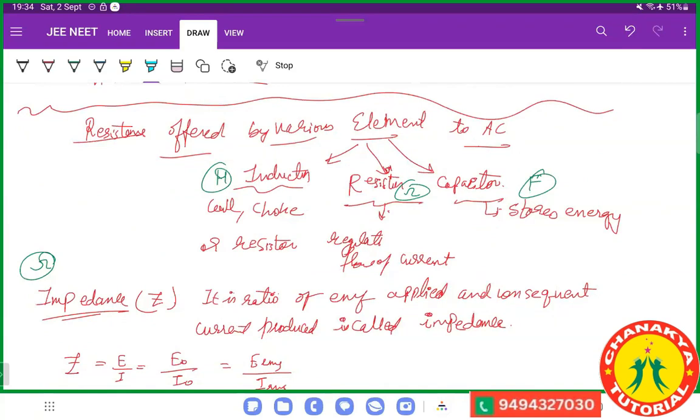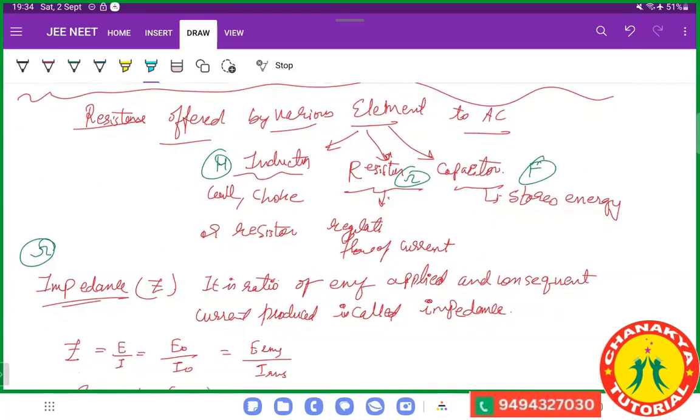Resistance offered by an element to AC. There are three types: inductor, resistor, and capacitor. All of these inductors, which are coils, have resistance in them. Capacitors, you already know, also have some resistance in them.